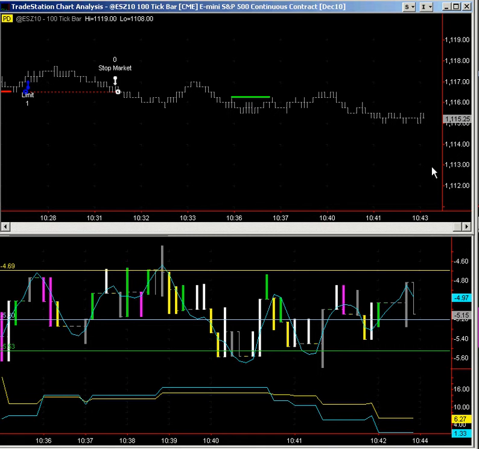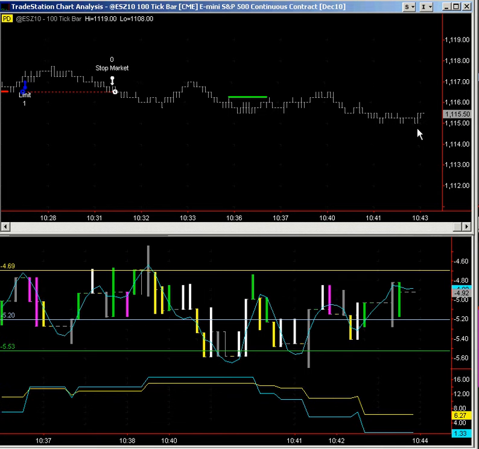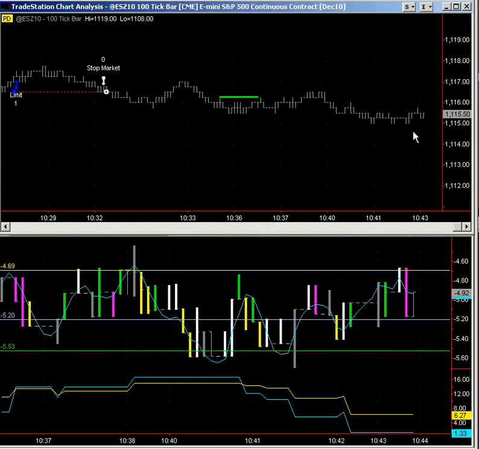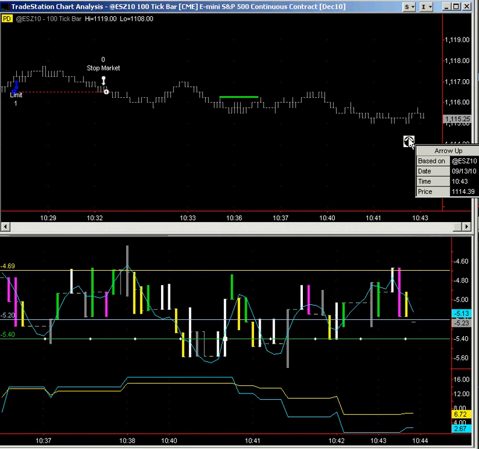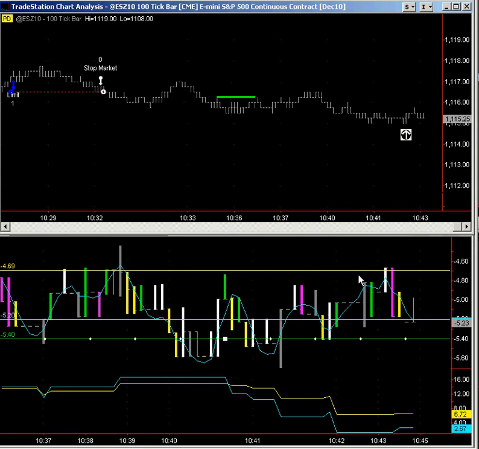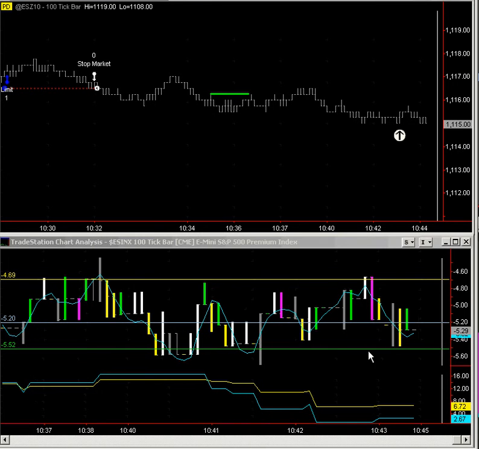So while we do have a basis for an entry right in here, we could go long based on how our indicator was responding. Right there could have been an entry. But like I said, I'd rather have a setup bar.